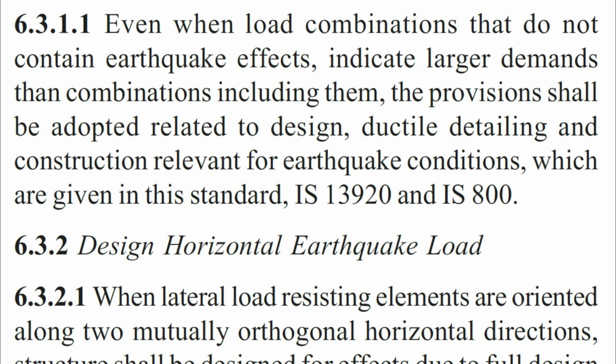In this situation, the meaning of the code wording is that this code needs to be followed, the ductile detailing provisions of IS 13920 also need to be followed, and whatever seismic provisions are given in IS 800 need to be followed. But in situations like very super tall towers, the wind base shear is much higher.